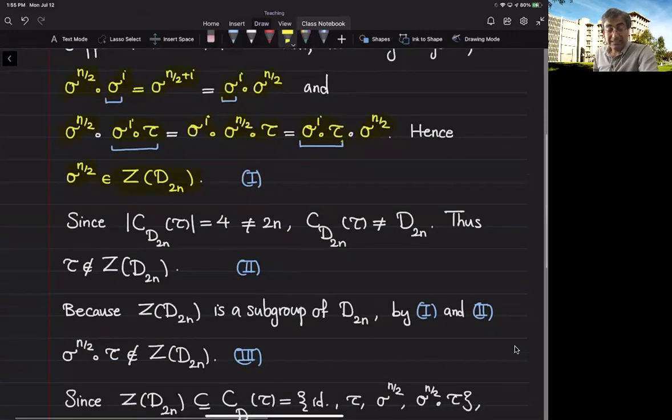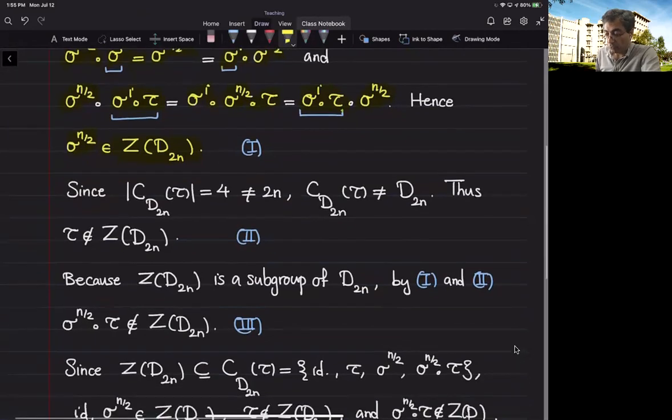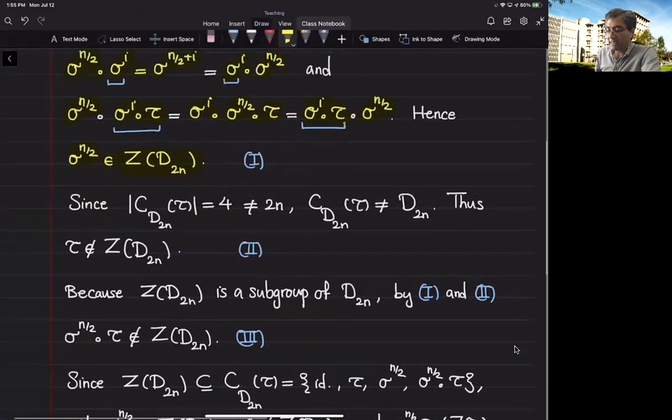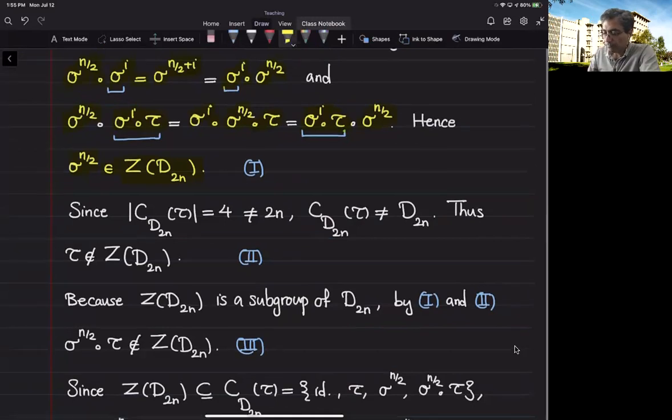So identity and sigma to power n half, both of them are in the center of the dihedral group. Next, I want to show that they are the only ones. But notice that the centralizer of tau has 4 elements, and that's not the entire dihedral group.